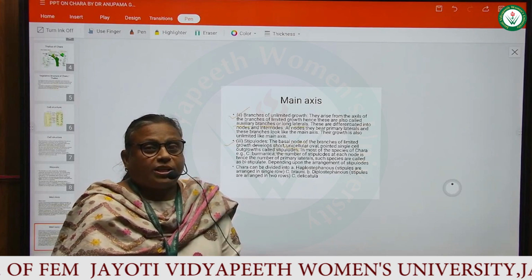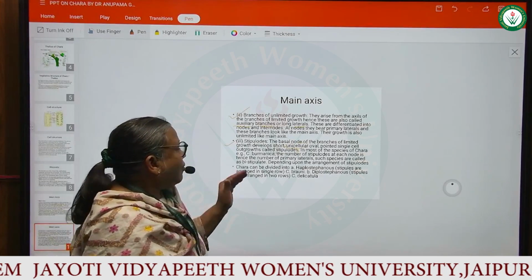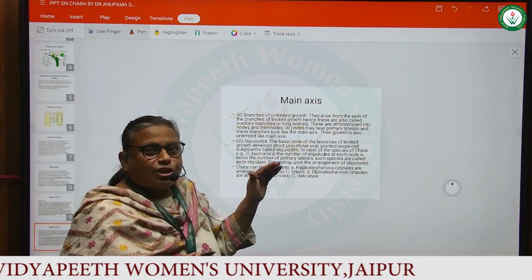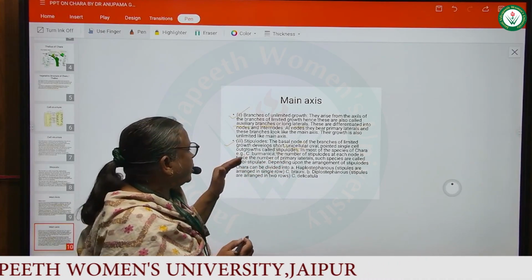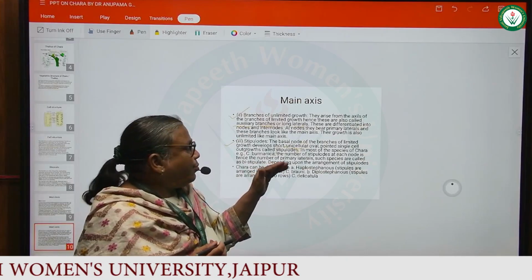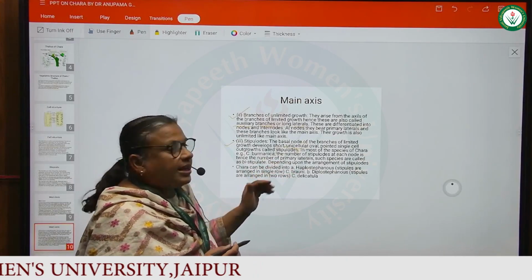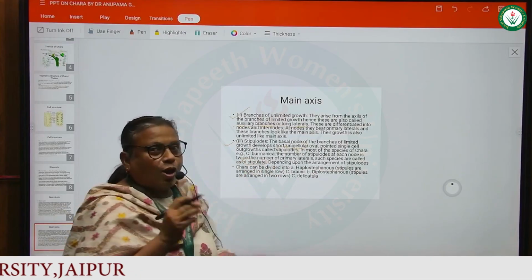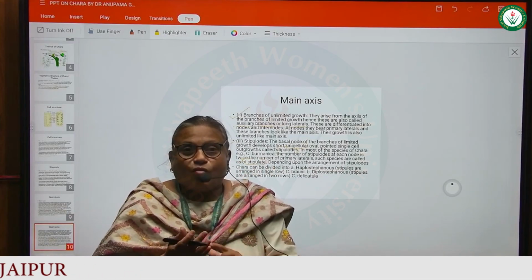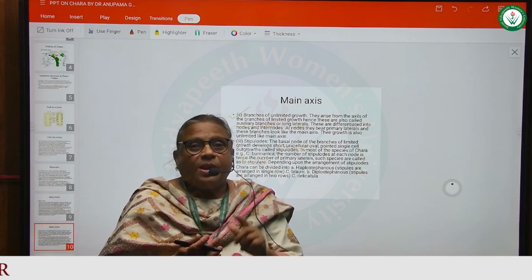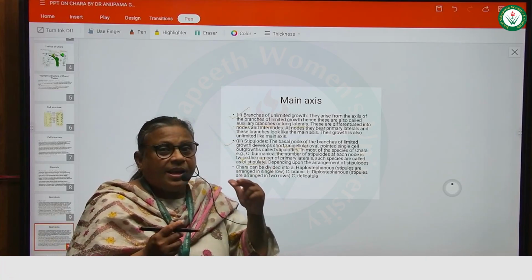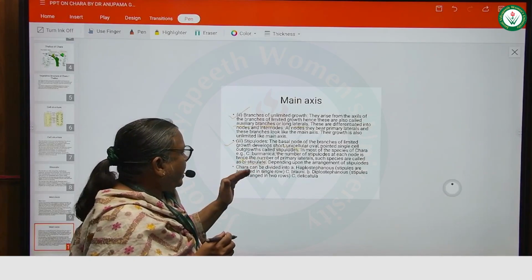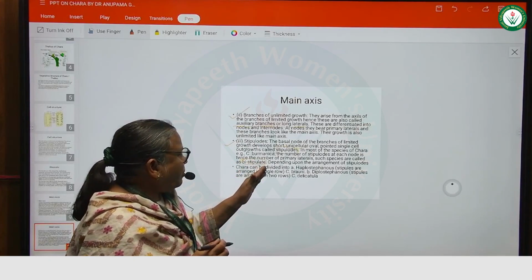In most species of Chara, for example Chara burmanica, the number of stipulodes at each node is twice the number of primary laterals. Such species are called bistipulate. In simple terms, students, what do you understand by the term bistipulate? It means when there are two stipulodes per primary lateral, we call them bistipulate.